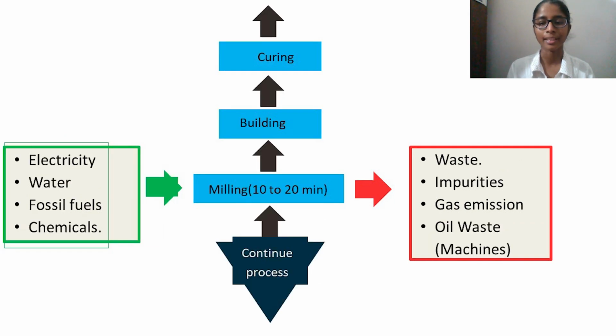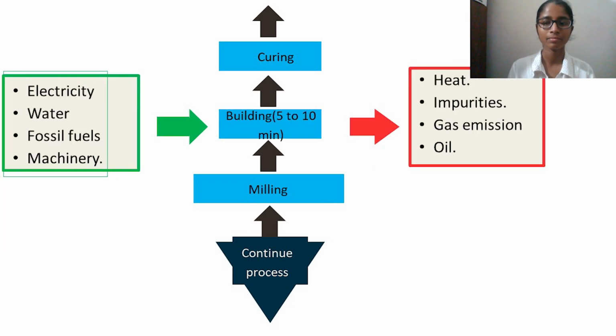It takes 10 to 20 minutes, and in this milling process, other elements needed for the building of the tire are produced. The inputs are electricity, water, fossil fuels, and chemicals. The outputs are waste, impurities, gas emissions, and oil waste.